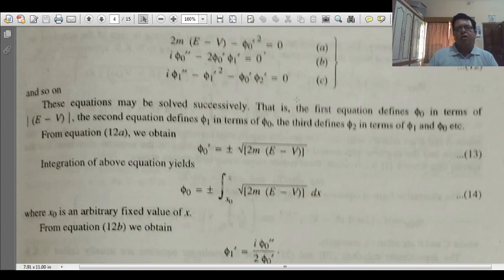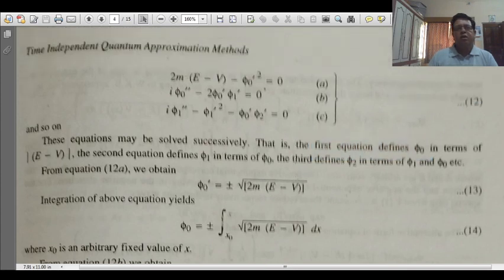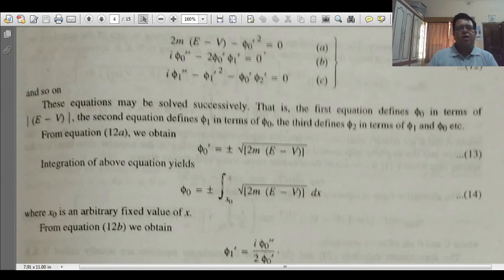The first equation defines phi 0, which can be easily calculated in terms of E minus V. The second term gives phi 1 in terms of phi 0, and the third term gives phi 2 in terms of phi 0.